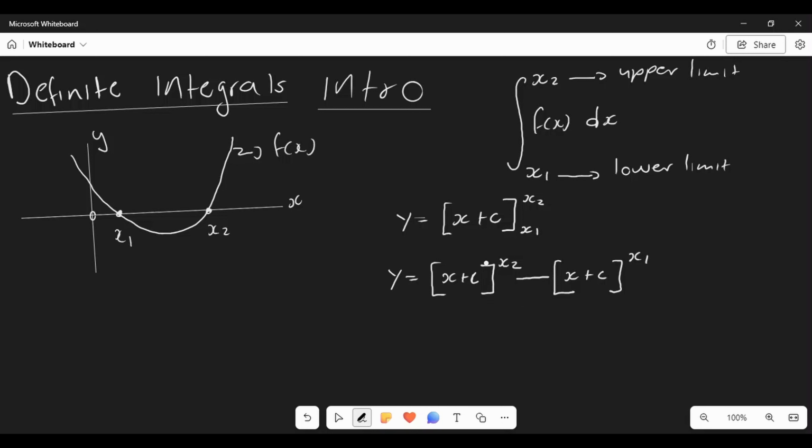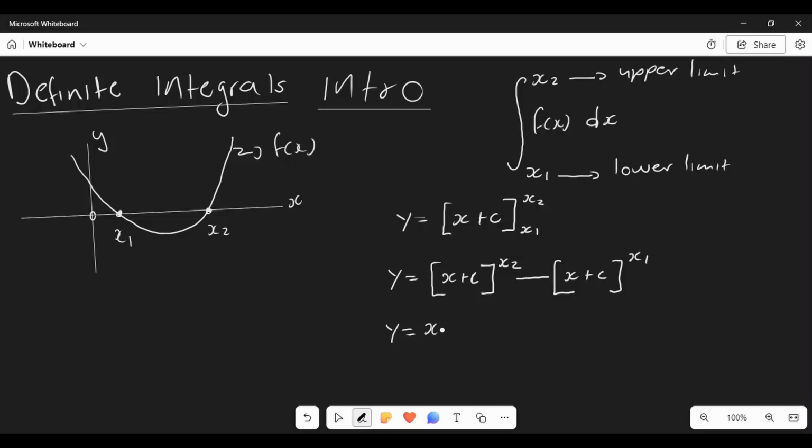So it's always like this, guys: the upper limit is subtracted by the lower limit. I hope you understand. Then from here, it's time for you to substitute. The first bracket is substituted by the upper limit, which is x2. When you do the substitution, wherever there is x, you put your upper limit.